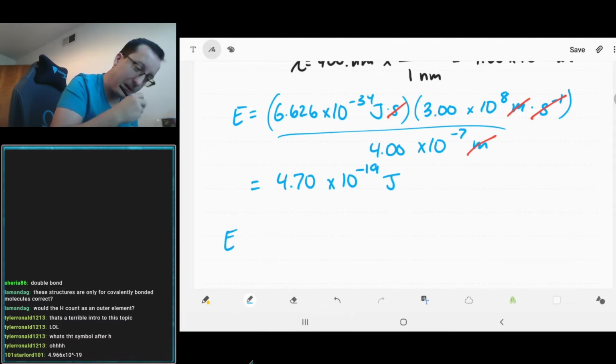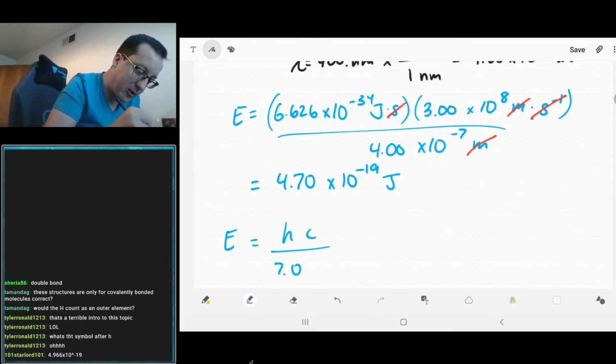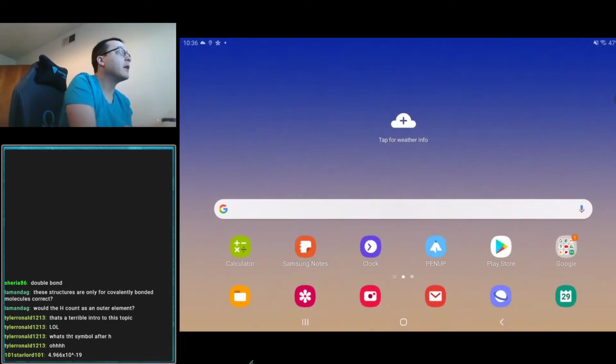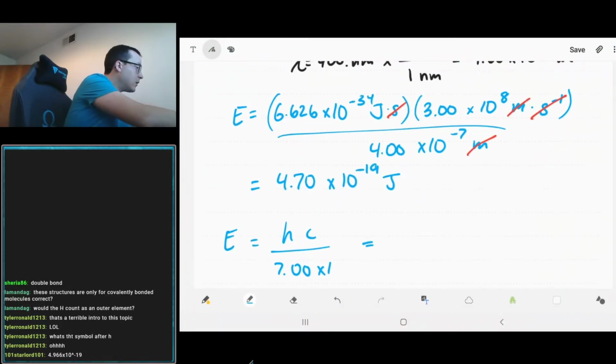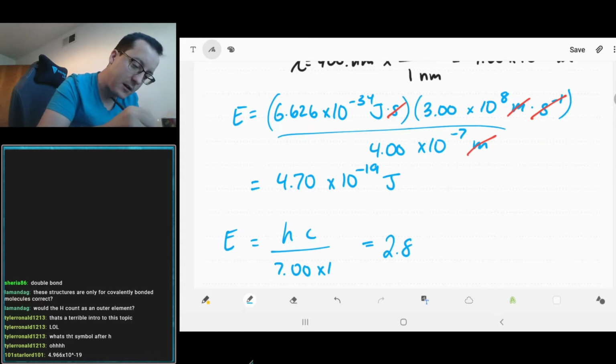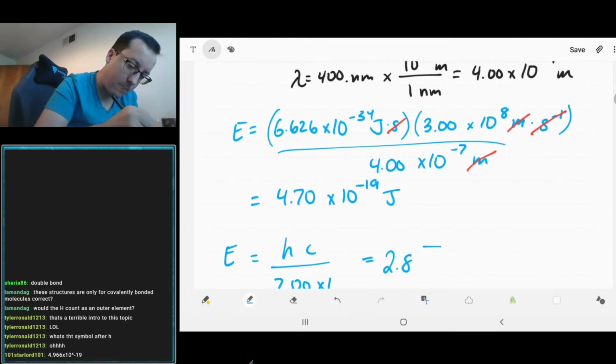So the energy for the 700 nanometer one is going to be, hold on, did I do this right? 2.83, no, 2.84 rather, times 10 to the negative 19 joules.